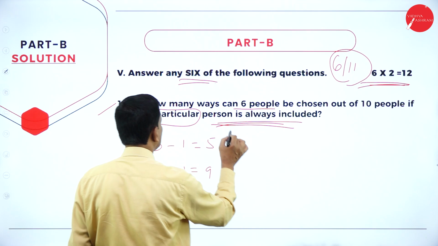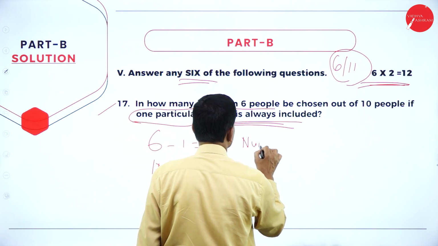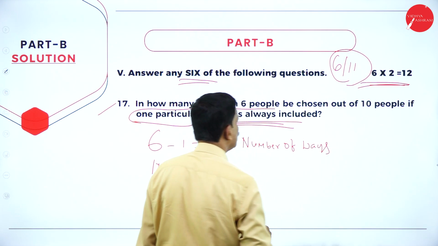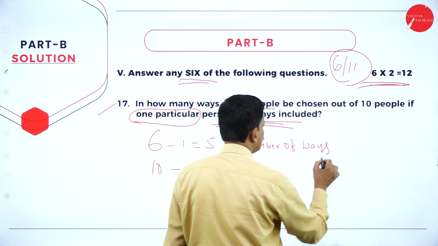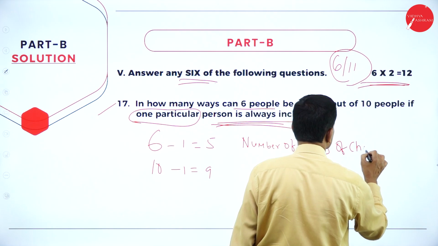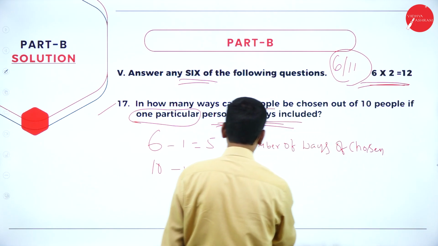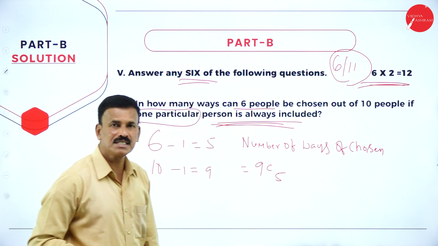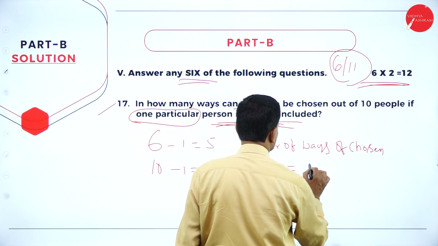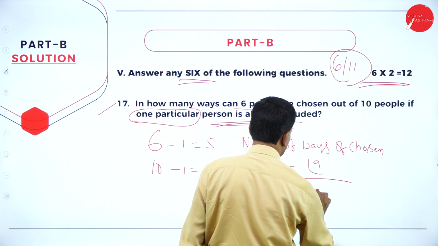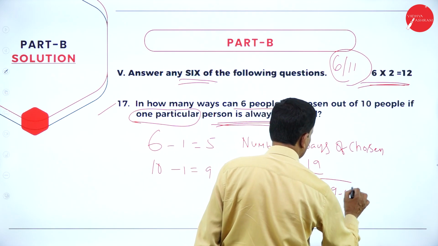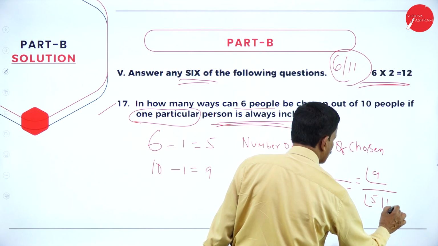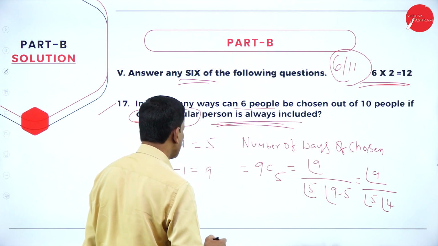Therefore the number of ways of choosing is equal to 9C5. What is this equal to? 9 factorial divided by 5 factorial into 9 minus 5, which is 4 factorial.